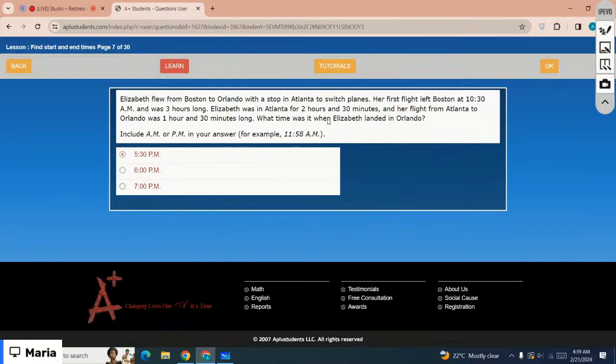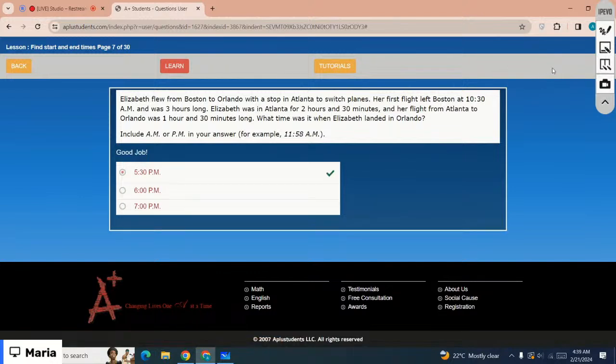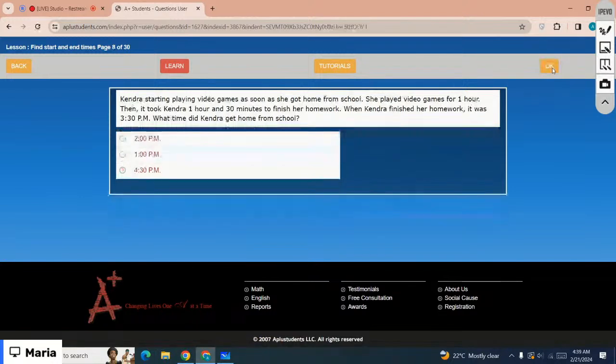The correct option is 5:30. That's exactly the same class you have in your school. So when your teacher is going too fast, the ones who are slow, what can they do then?